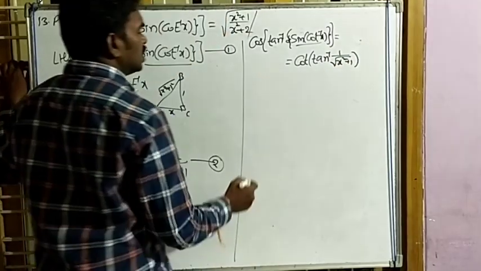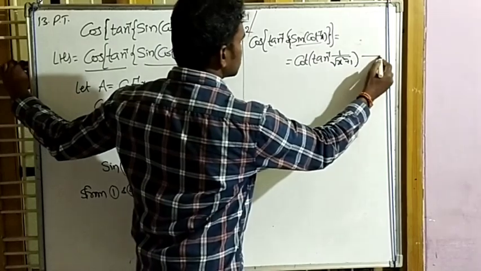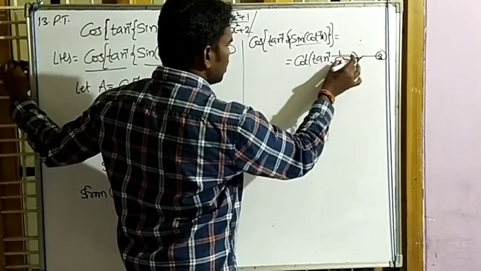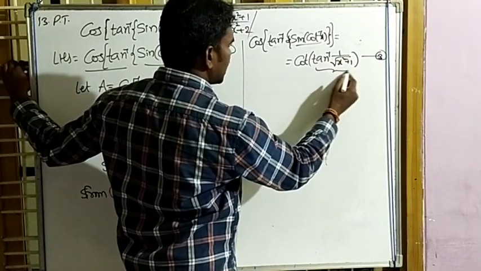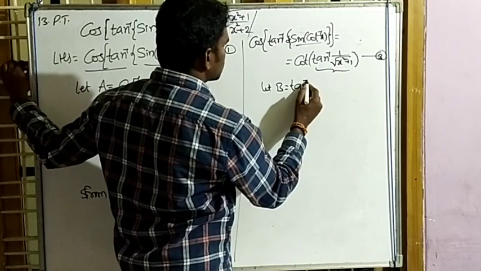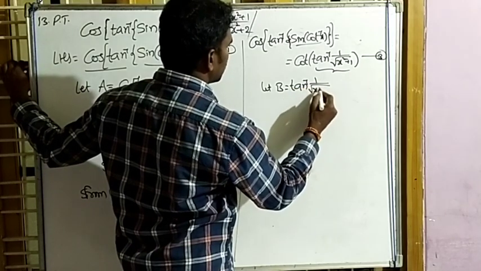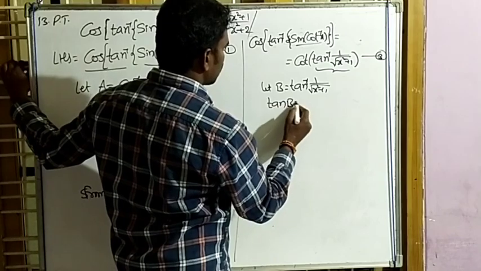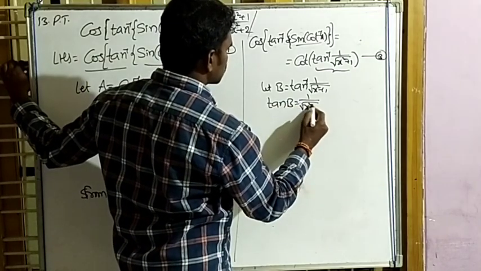That's it. Now to find this term's value, this tan inverse something, take it as some b. So let b equal tan inverse of 1 by root of x square plus 1. Now bring tan inverse to the left side: tan b equals 1 by root over x square plus 1.